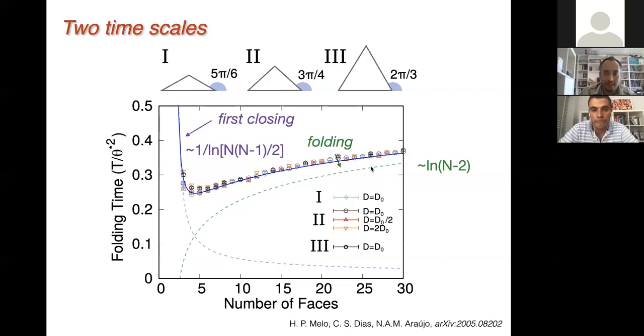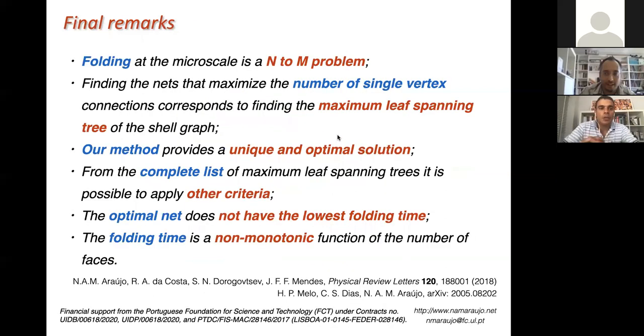So this is just an example of what can be done with folding, but the key message here is that folding is an end-to-end process where you start from n possible templates, and you want to see what are the folded configurations and how long it takes to arrive to them. And we can get intuition about what is going on by mapping the problem into a set of random walks.